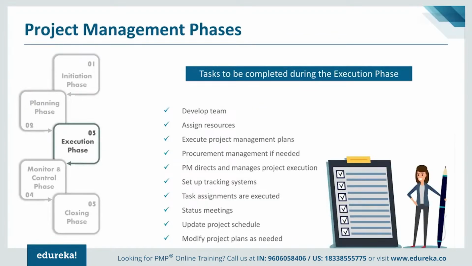This is where your actual team will come into the picture, because now it's time to start working on some of the key tasks as part of the plan that we've all agreed to execute. Then we have to do assignment of the tasks to the resources. We assign the tasks to the resources, and they will then start executing those tasks.